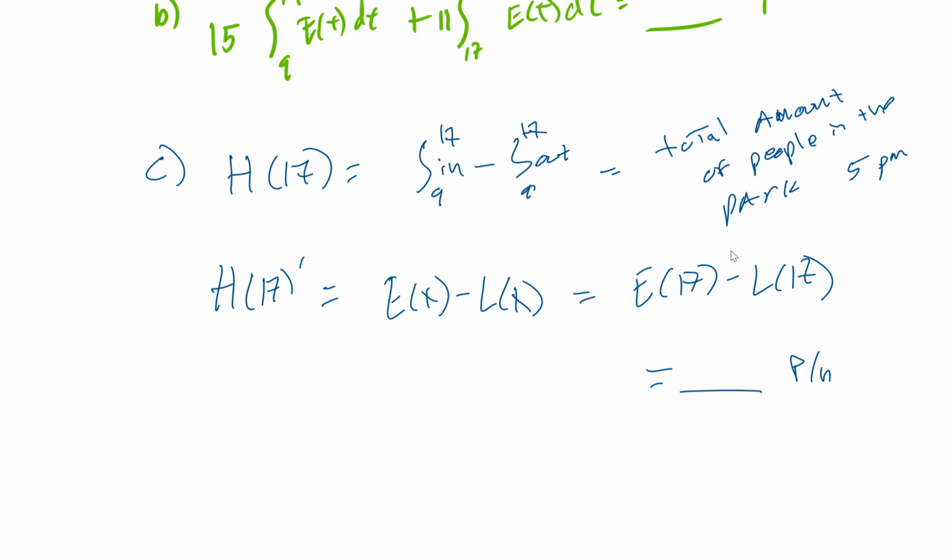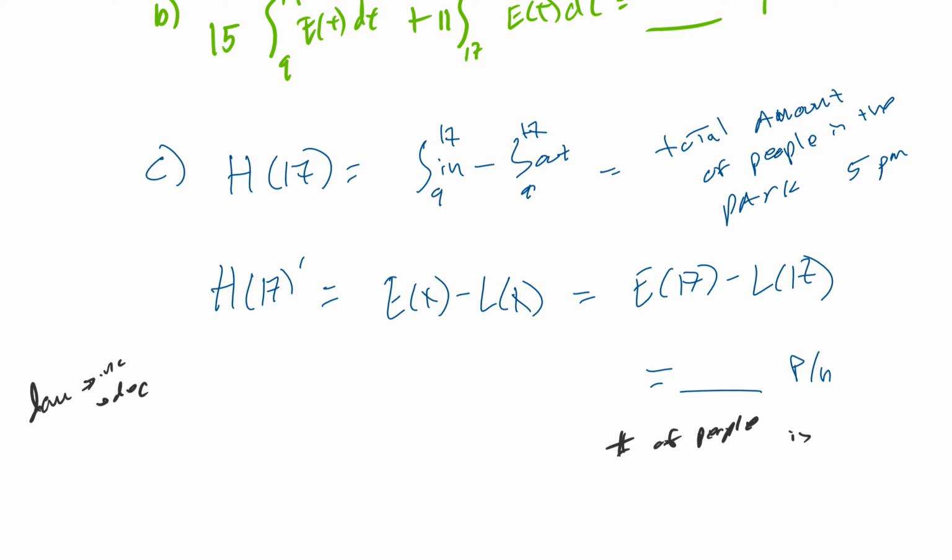So that means it's a rate. In general, it's a derivative. Let's look at the thing we're taking a derivative of. This is the number of people in the park. So remember, derivative means increasing or decreasing. Anytime you take a derivative, you're going to increase or decrease depending on whether it's positive or negative. So all this means is the number of people in the park is increasing or decreasing, depending on whether you get a positive or negative.